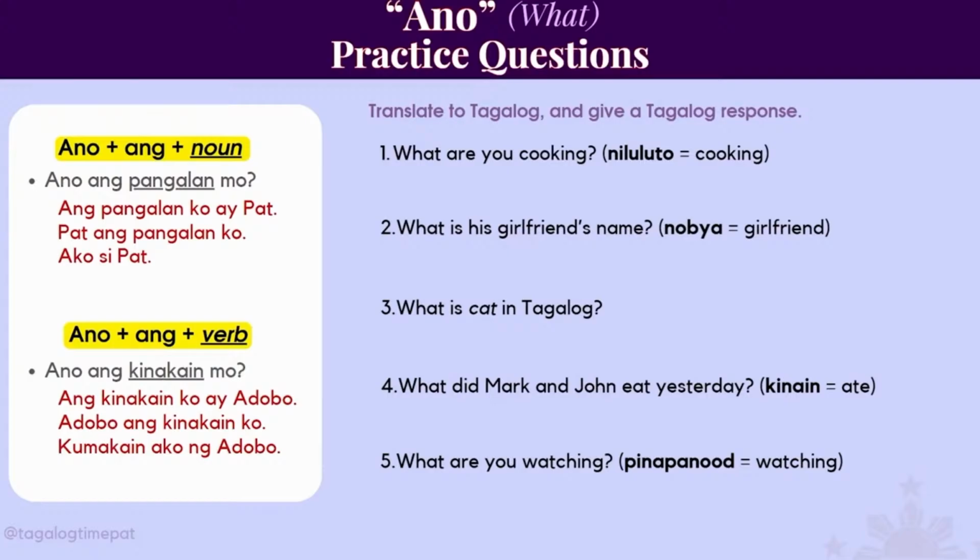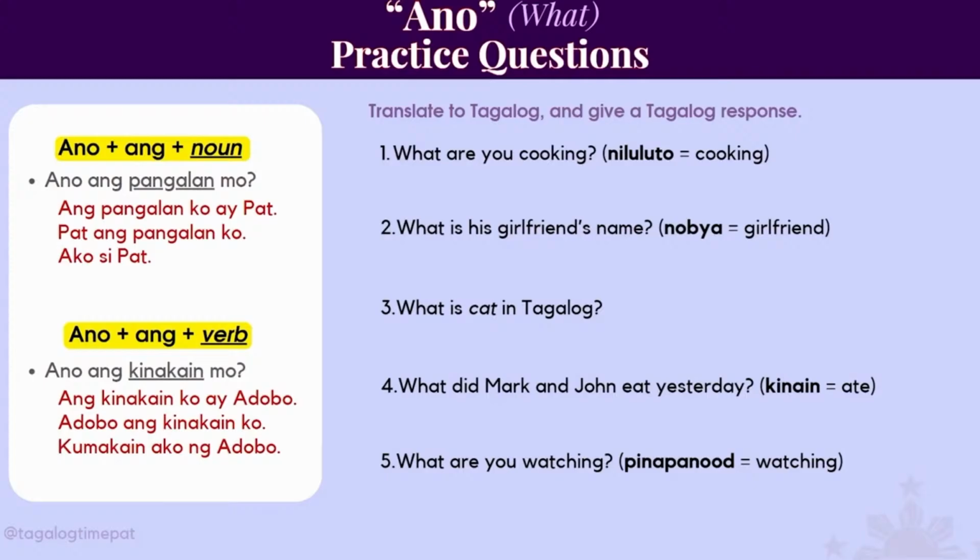And then I gave you a vocab hint. Niluluto means cooking. Number 2, what is his girlfriend's name? Nobya means girlfriend. Number 3, what is cat in Tagalog? 4, what did Mark and John eat yesterday? Kinain means ate.